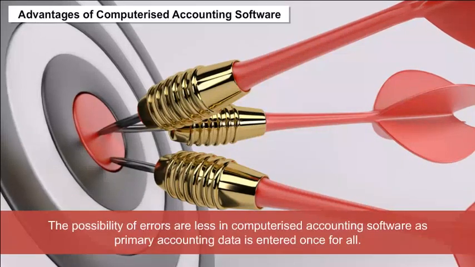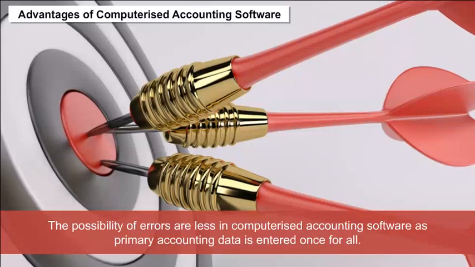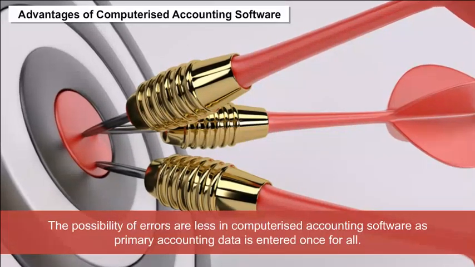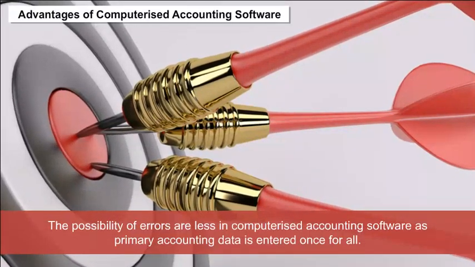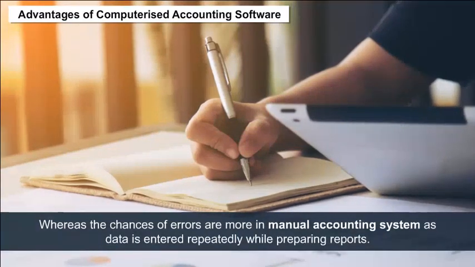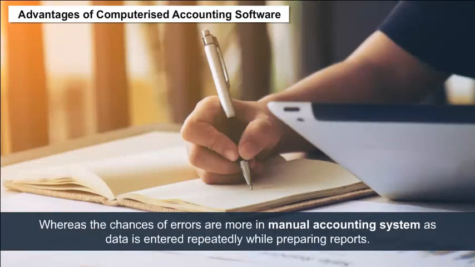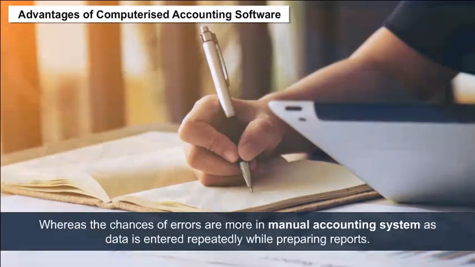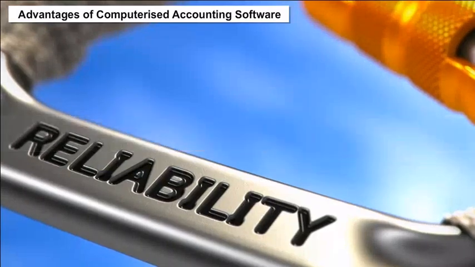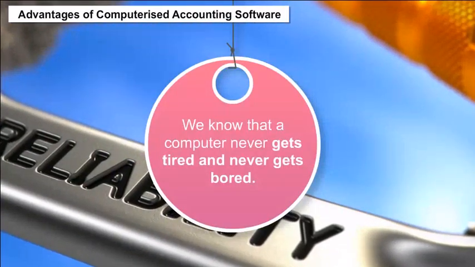The possibility of errors is less in computerized accounting software, as primary accounting data is entered once for all, whereas the chances of errors are more in manual accounting system as data is entered repeatedly while preparing reports. Reliability. We know that a computer never gets tired and never gets bored.